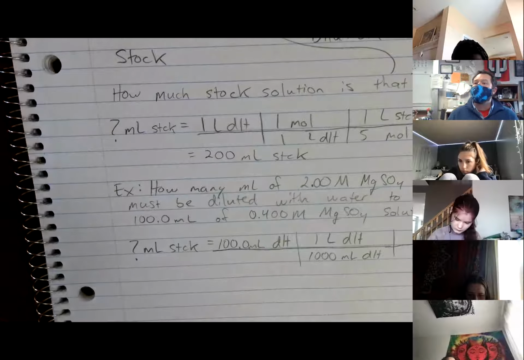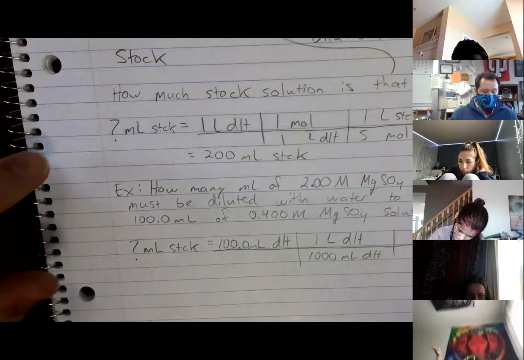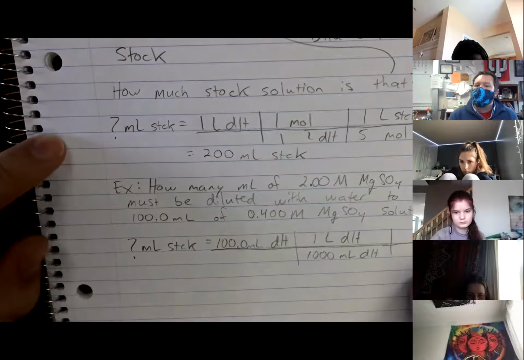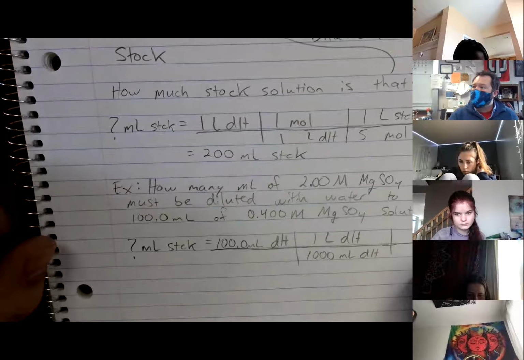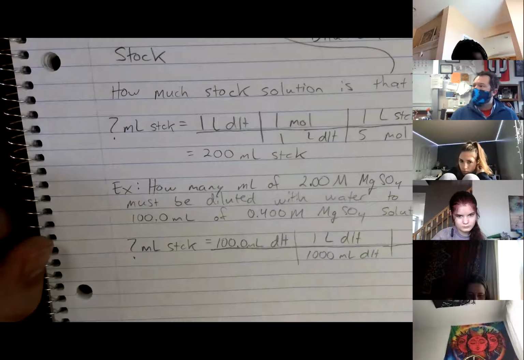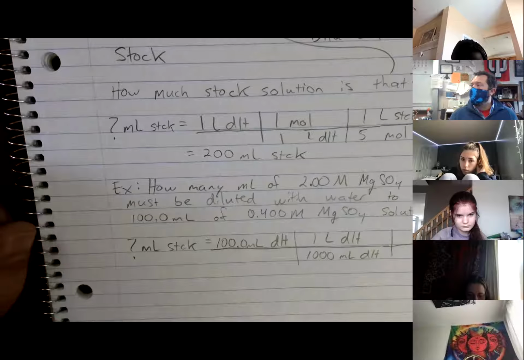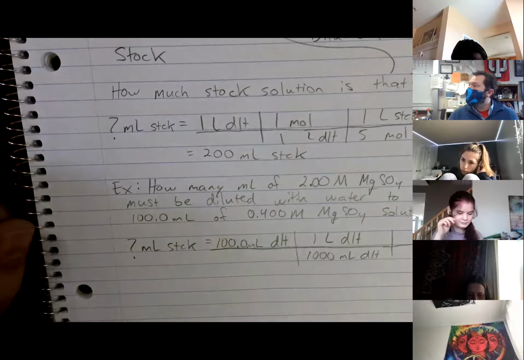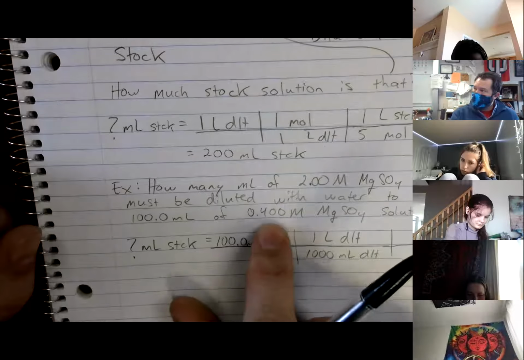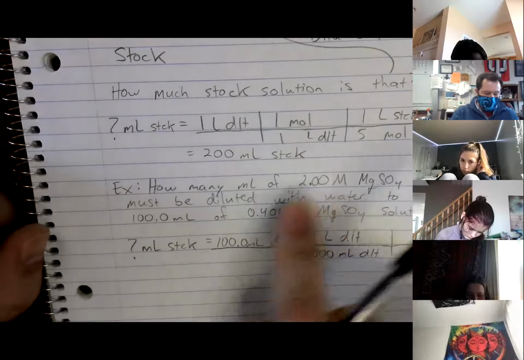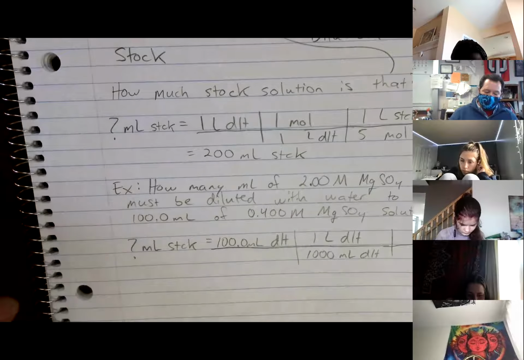That's where having this DLT, dilution, really helps. Which one of these two is our dilution? The 0.4 is our dilution. This one's the stock. It's more concentrated. This one's the dilution. That's the one we want.